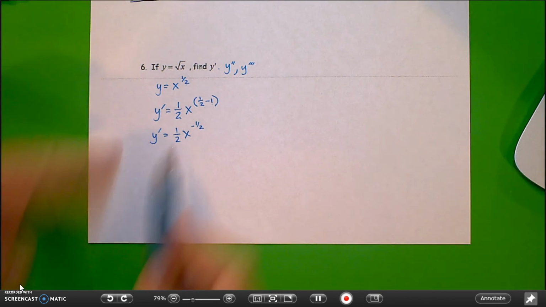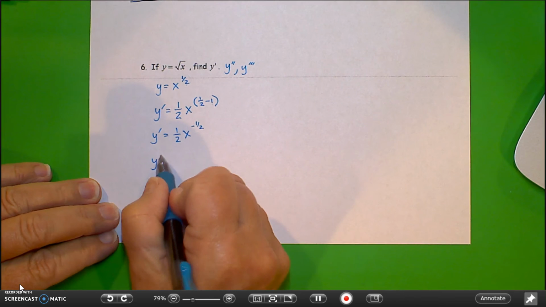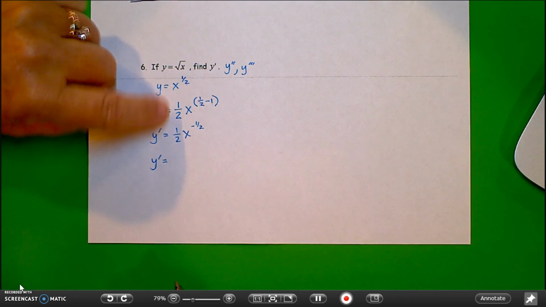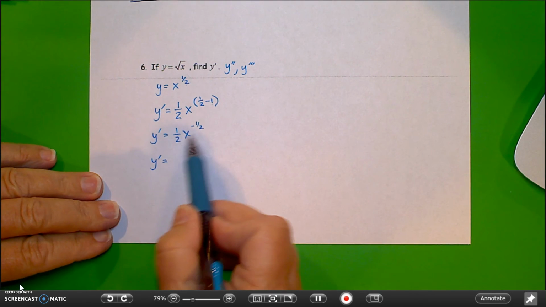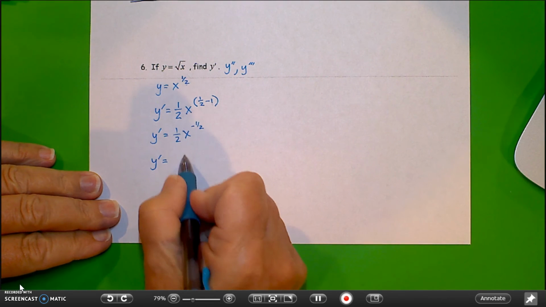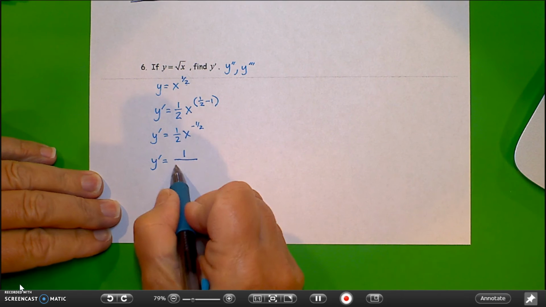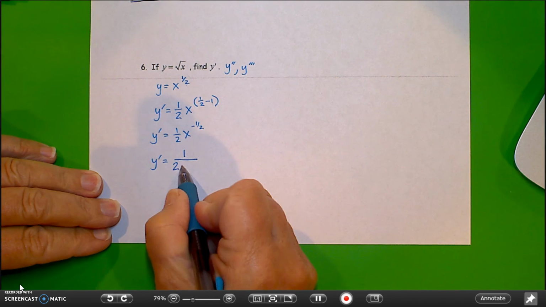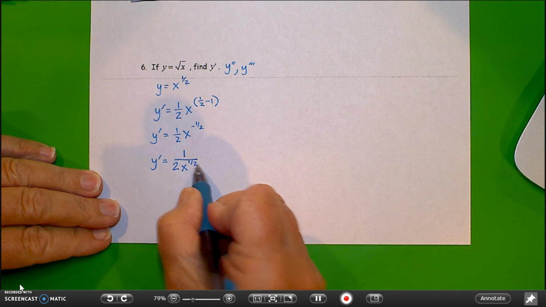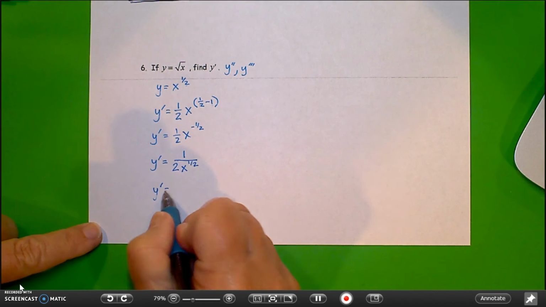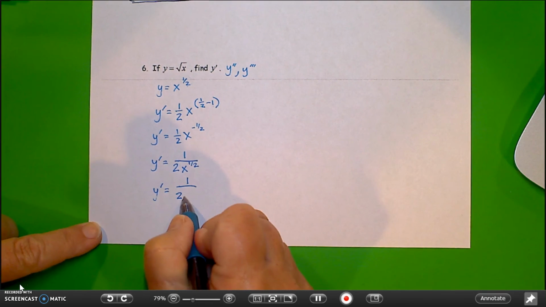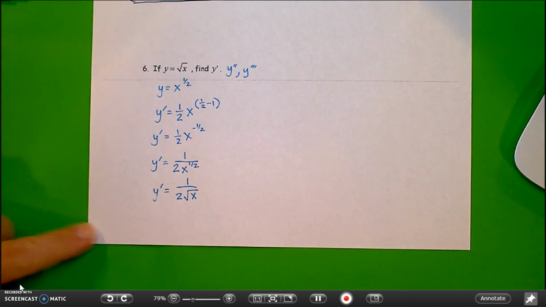You could leave the answer like this, or we could rewrite it, because we know a negative power puts that in the denominator. The only thing here that is in the numerator is this 1. The 2 is in the denominator. The x is in the denominator with the power of 1/2. And we could further rewrite it to be y prime equals 1 over 2 square root x.